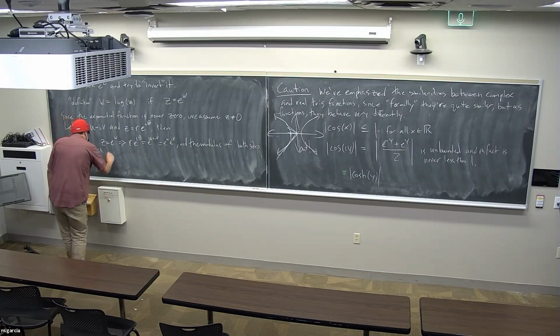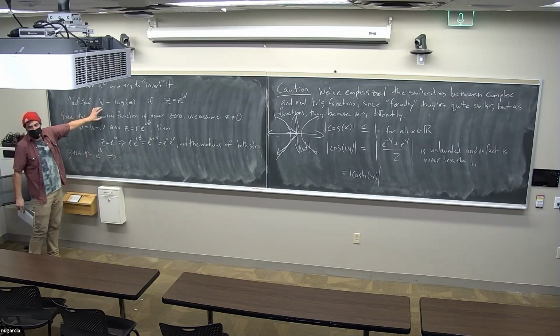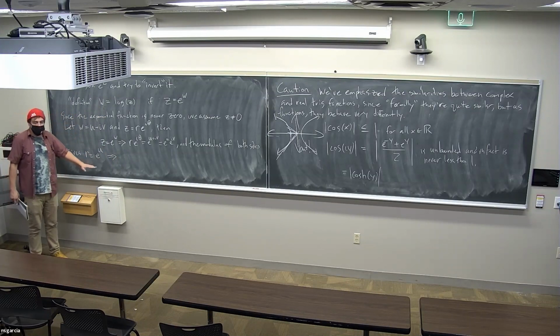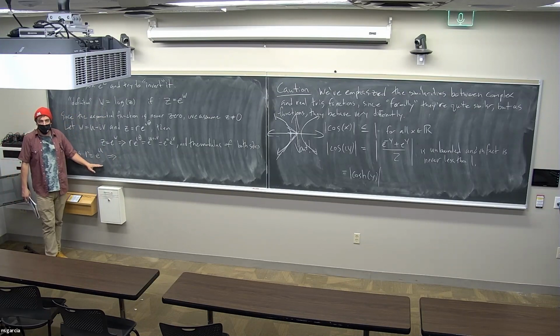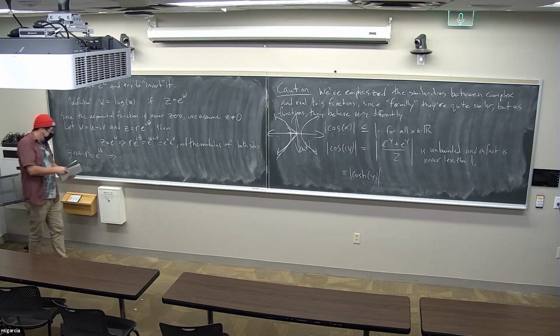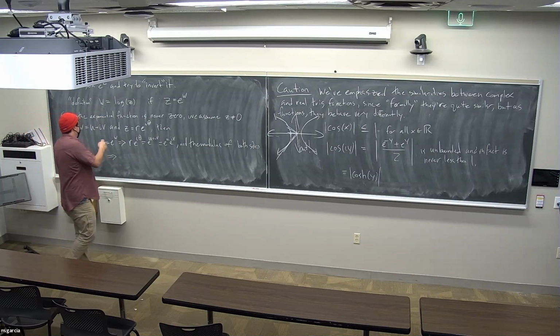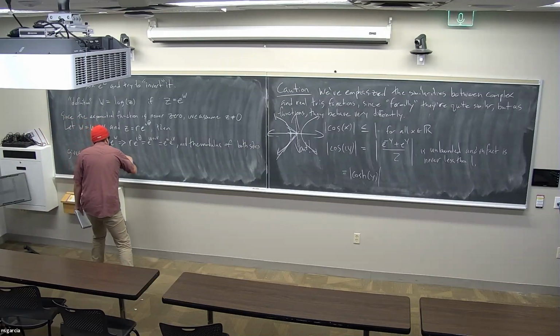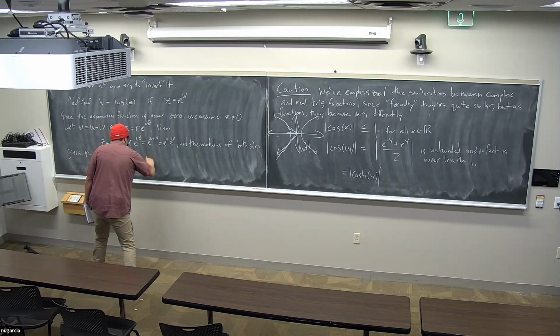Which in turn, remember, we're trying to get a handle now on the components of w. So now I just have an equation in real numbers, r and u, right? So now I'll say that this component u of w is equal to log of r.